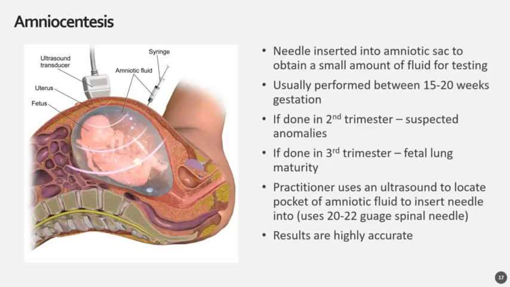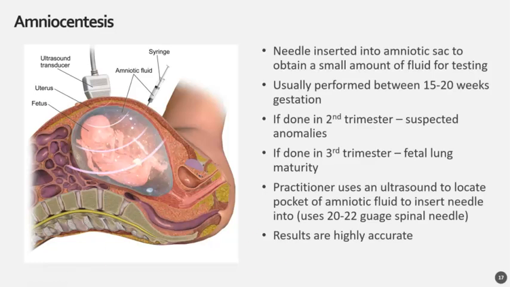Second trimester testing is usually done to detect any suspected anomalies. Third trimester testing is usually done to determine fetal lung maturity. It is an invasive procedure that carries a small risk of spontaneous abortion, injury to the fetus, and chorioamnionitis, which is infection of the fetal membrane.